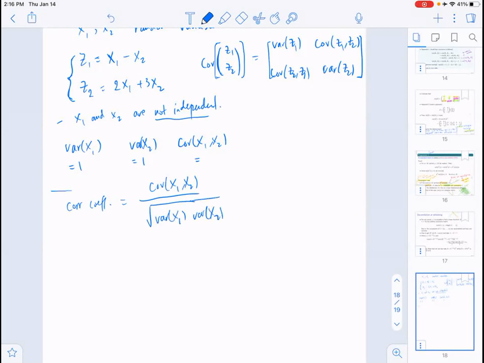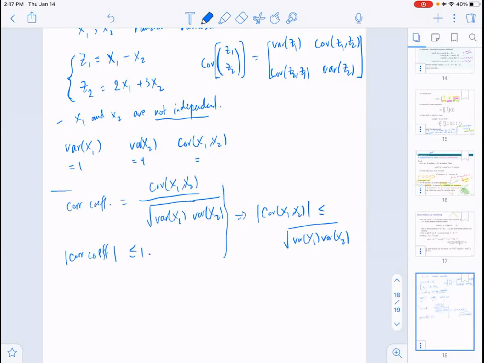You should have seen that the absolute value of the correlation coefficient is less than or equal to 1. So from these ideas, it means that the covariance of x1, x2 should have an absolute value less than the root of the product of the variances. So this can't happen. The valid range should be between -1 and 1.